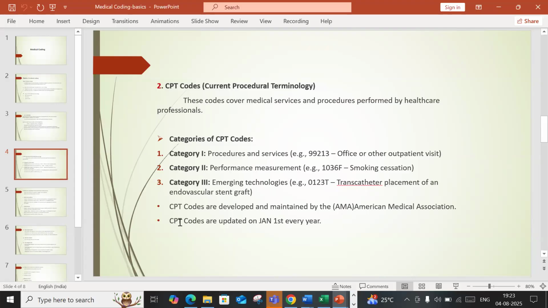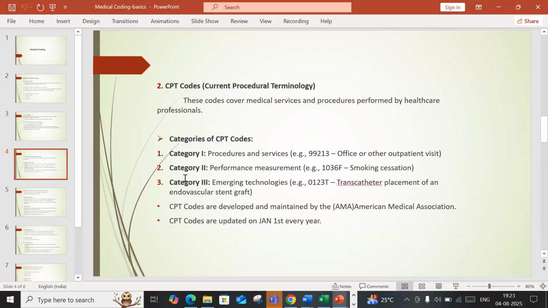So he goes for an OP visit, outpatient visit, where he is getting some treatment for his problem. For those services also we have to report Category 1 codes. One example is 99213, that is office or other outpatient visit. So in CPT Category 1, we are giving codes for procedures and services.